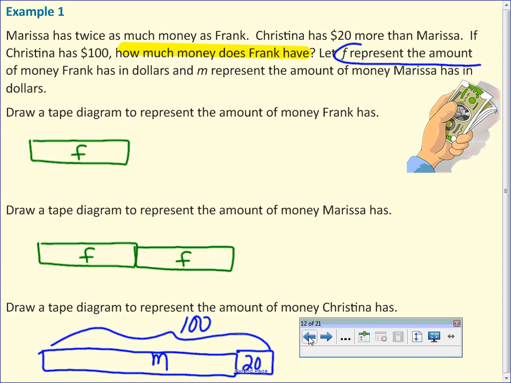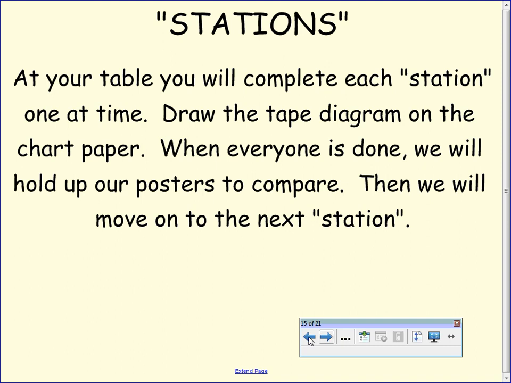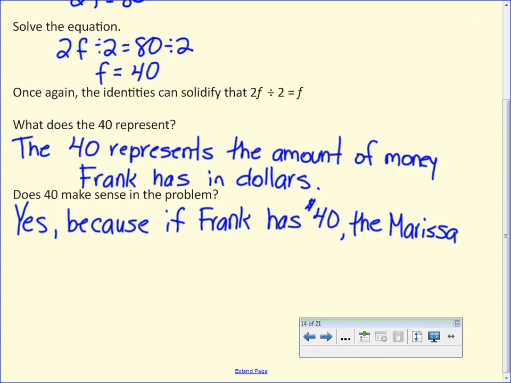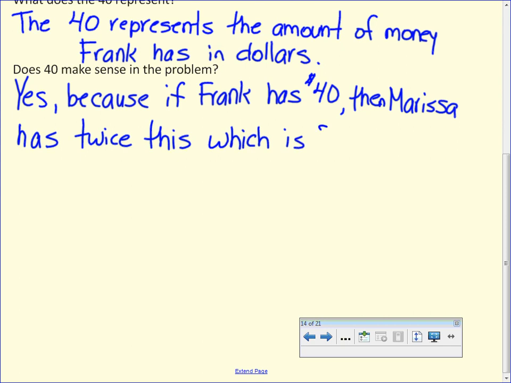Marissa is... Then Marissa has twice this. So then what? If Marissa has 80, then what do we know?